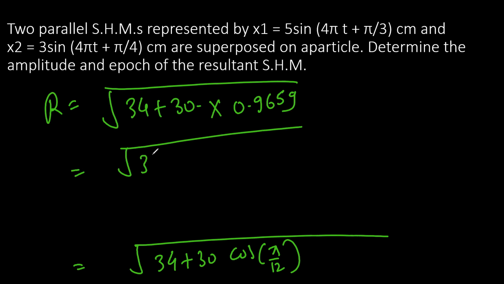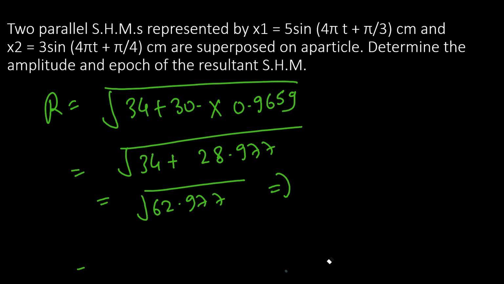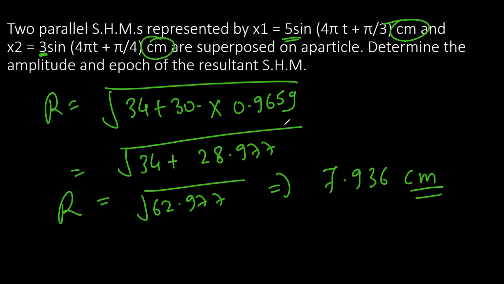If you multiply with 30, the answer is 28.977. If you do the addition, it's the root of 62.977. If you use the log table again and find the square root of this 62.977, the value of R is 7.936 centimeter, because the initial A in centimeters is centimeter here. So the amplitude is also in centimeter. Okay? The first part is over.